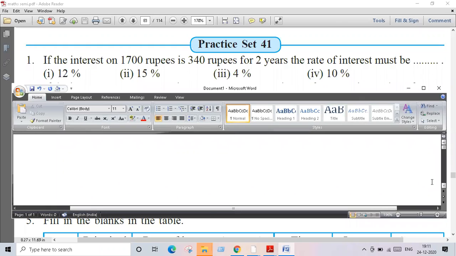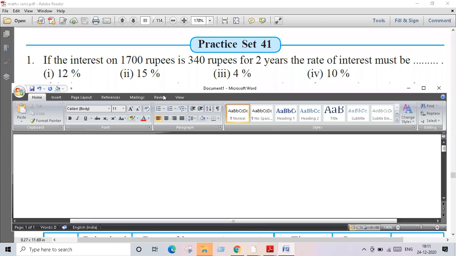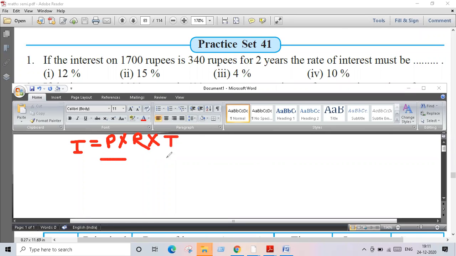I have some space here. What is given? We will use the formula: I is equal to P, that is principal, into R, that is rate of interest, into T, T is time or period, upon 100. Upon what? Upon 100. Now write the values.